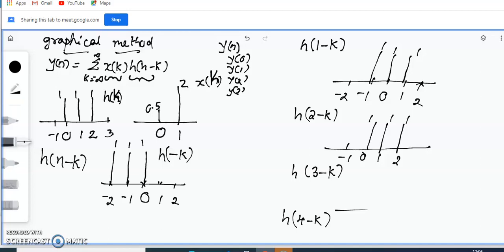Similarly, h of 3 minus k advances by 3 points. That means it starts from the point 3. At 3 its value is 1, at 2 it is 1, at 1 it is 1, and at every other point its value is 0. So this is h of 3 minus k.